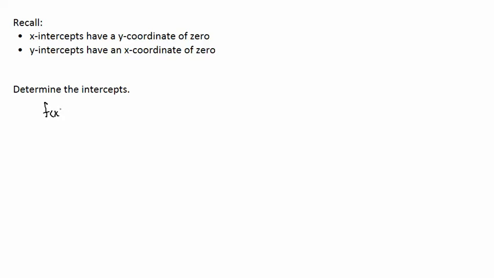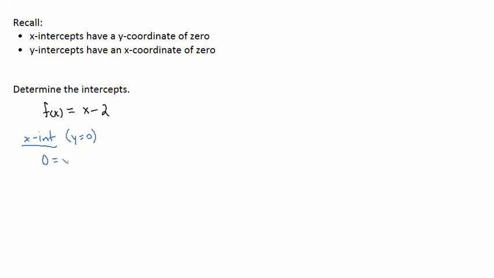So let's see, f of x equals x minus 2. If we want to find the x-intercepts, we have to set y equal to 0, meaning we're going to solve for x, so we better know a value for y. Now in this equation, where's y? Well, y is the same thing as f of x. So we'll replace f of x, that entire value, with 0.